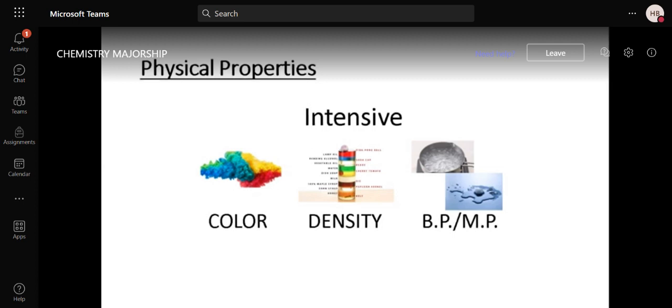Maybe in a test tube, it can contain around 2 ml, 3 ml of water. And then, in a small beaker that can hold around 100 ml of water, you can put 50 ml lang. And then in another bigger beaker, which can hold 1 liter of water, you can just put maybe 500 ml of water. So in all three setups, i-boil mo sila.